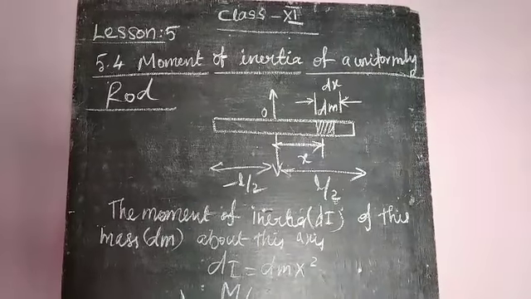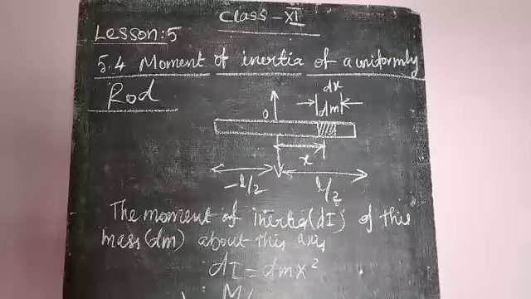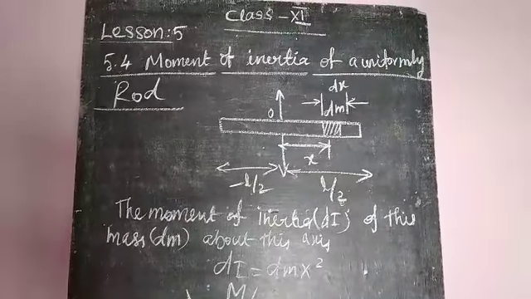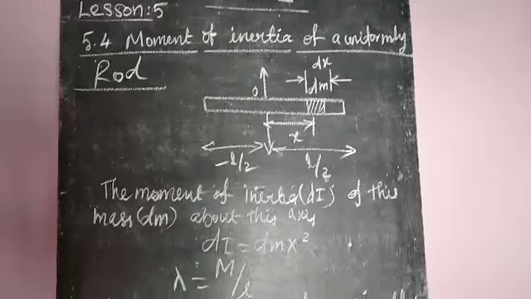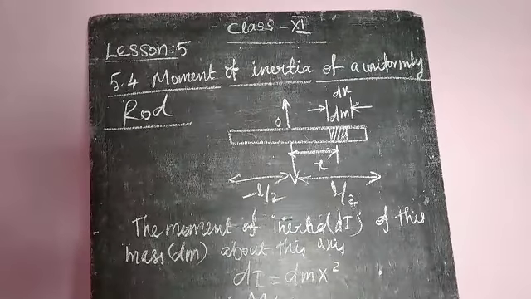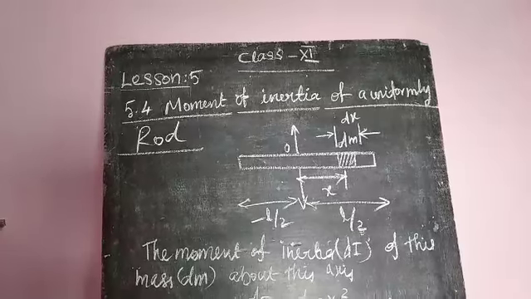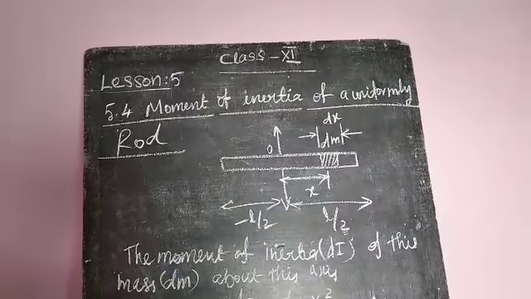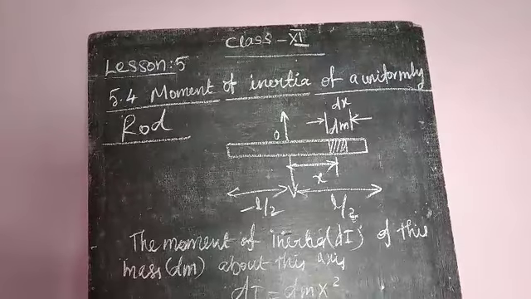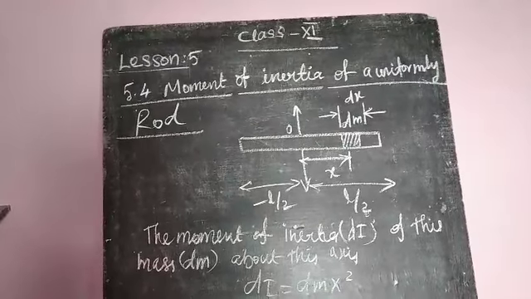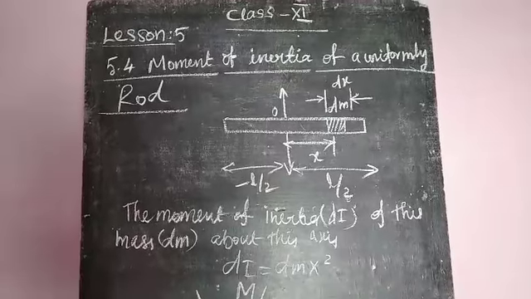First, the rod has to be fixed at point O with a coordinate system. The coordinate system coincides with the center of mass, which is also the geometrical center of the rod. Now the rod lies along the x-axis.